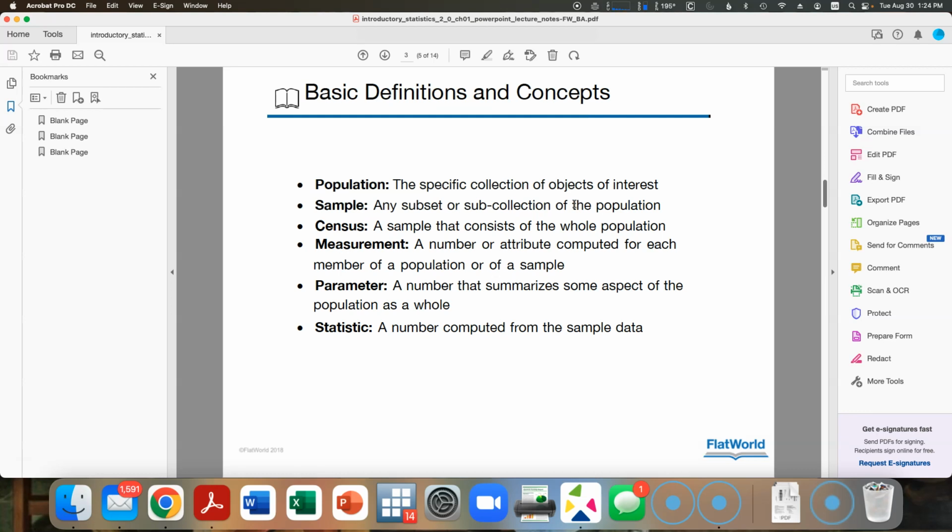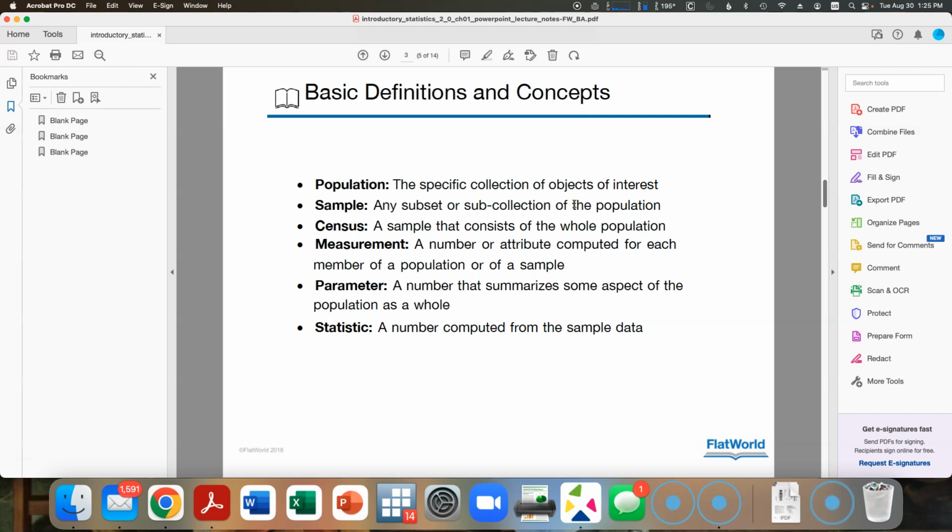So let's just start with a series of definitions here. The first would be the population. As the slide says here, it would be a specific collection of objects of interest.